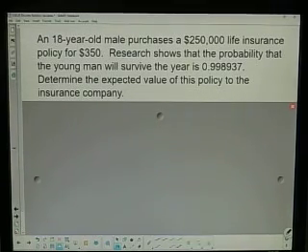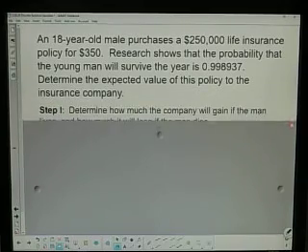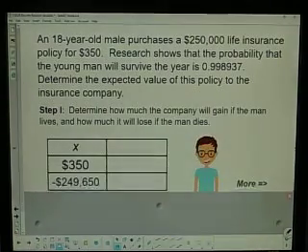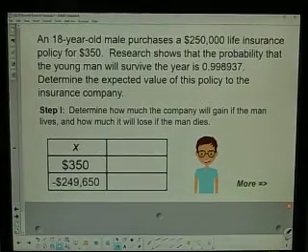Now, we've done problems like this already, so hopefully you remember this idea of basically it's saying, most young men are going to live, all right, the probability of surviving the year is very close to 1. So let's do this. Determine how much the company will gain if the man lives and how much it will lose if the man dies. Go ahead and copy this table down and pause the video if you need to.